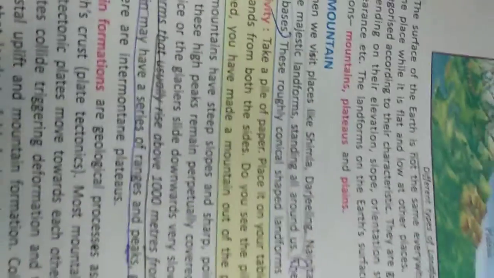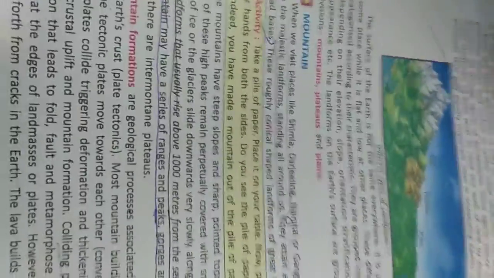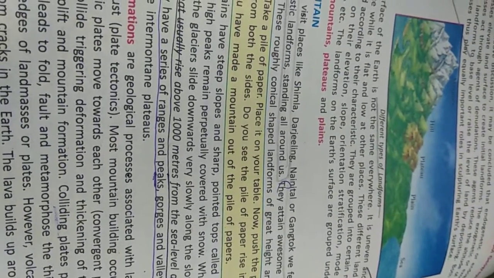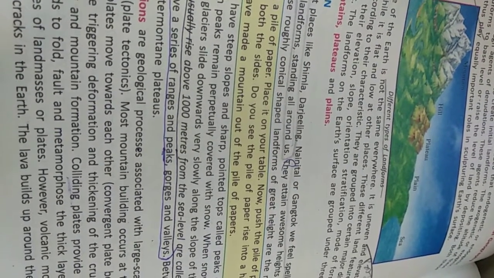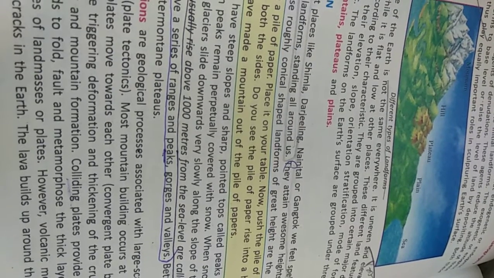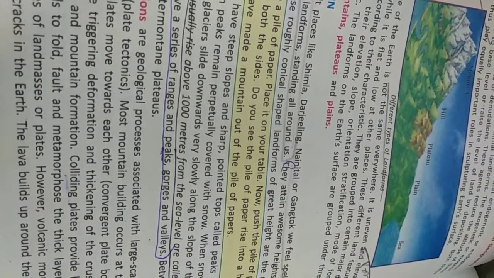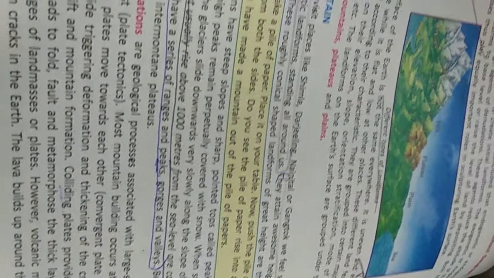Now, what are mountains? Mountains have steep slopes and sharp pointed tops called peaks or summits. Some of these peaks remain perpetually covered with snow. When snow melts, the river of ice, the glacier, slides very slowly down the slope of the mountain, carries material down, and then these glaciers melt and turn into rivers.